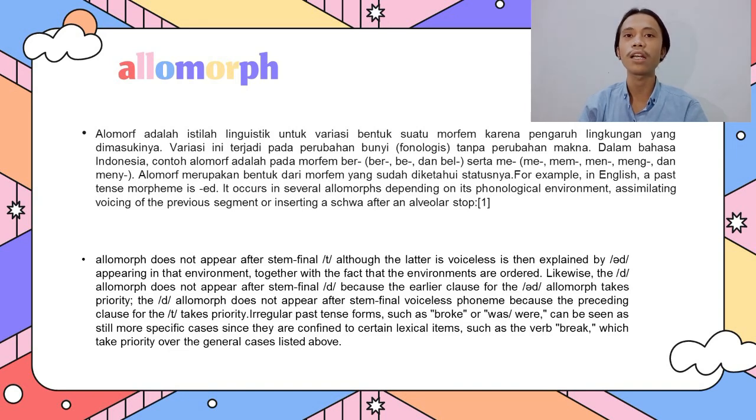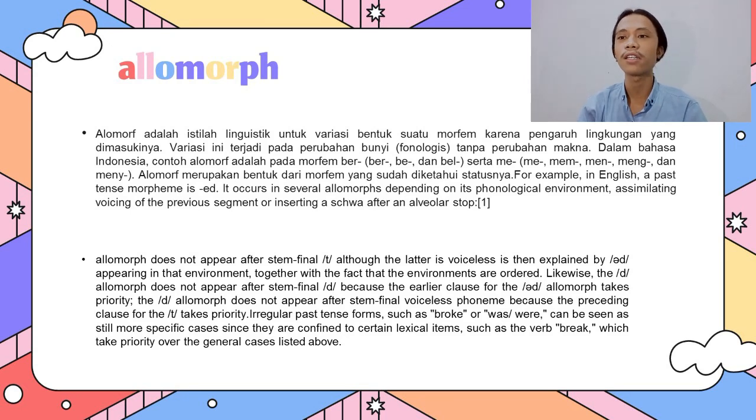For example, in English, a past tense morpheme is ed. It occurs in several allomorphs depending on its phonological environment, such as inserting a schwa after alveolar stops. The T allomorph does not appear after stem final t, although the letter is voiceless, which is then explained by the ed allomorph appearing in that environment, together with the fact that environments are ordered.